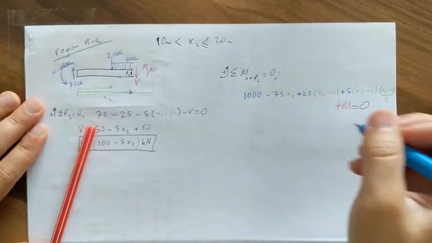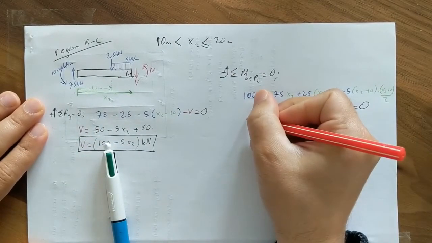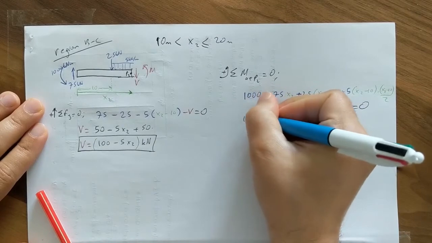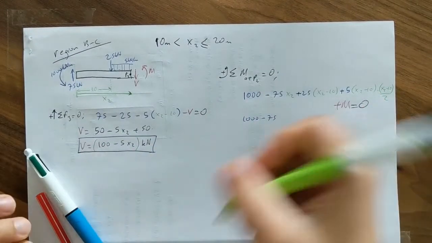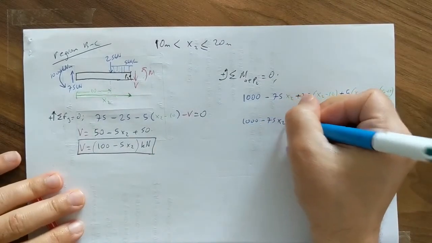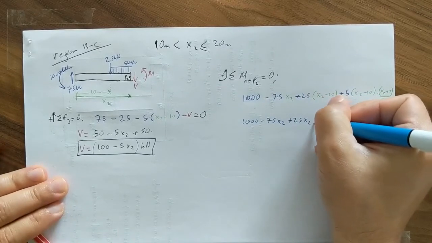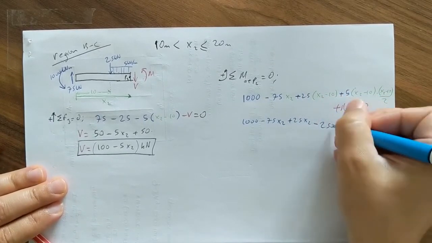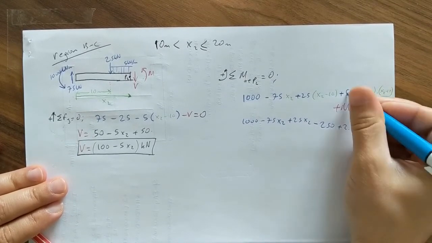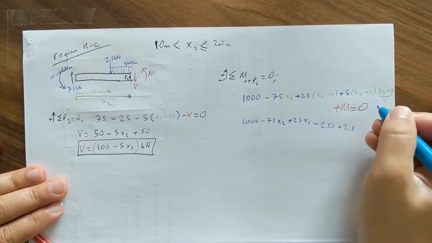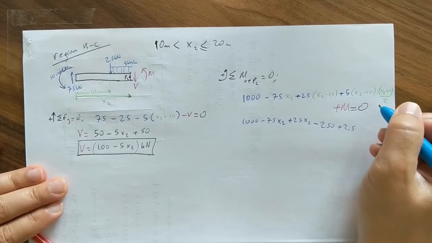Now we do some calculations here. 1075, just keep using the same code. x2, 25 x2 minus 250. Here half, 2.5, 5 over 2, 2.5, and (x2 - 10) squared.